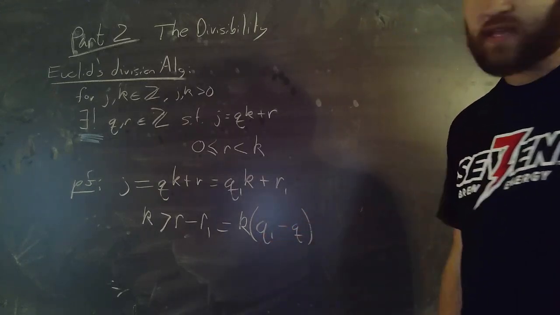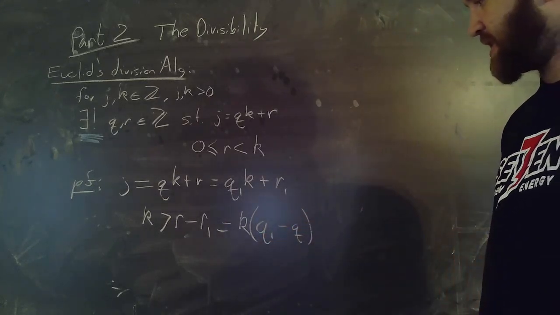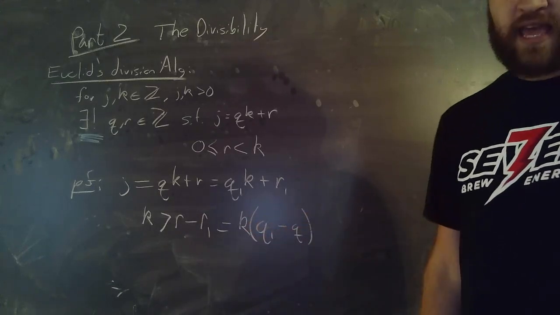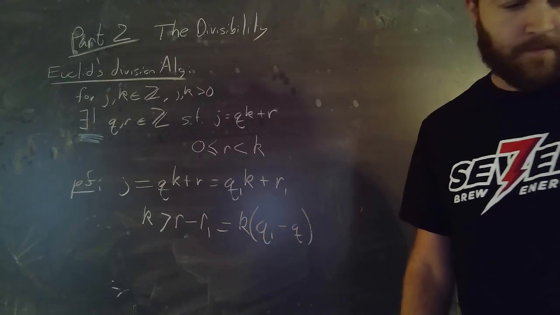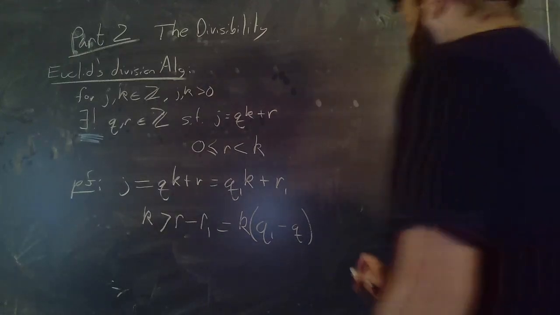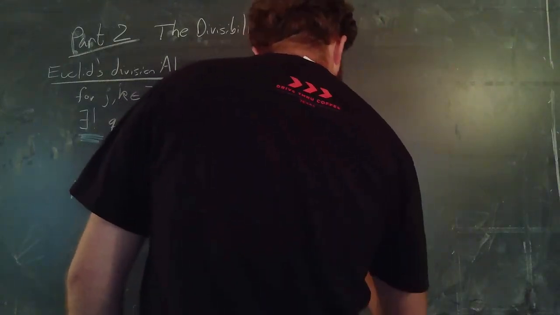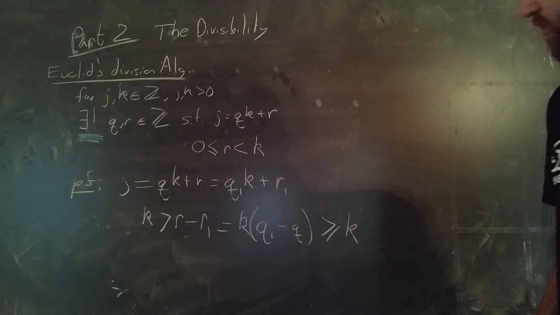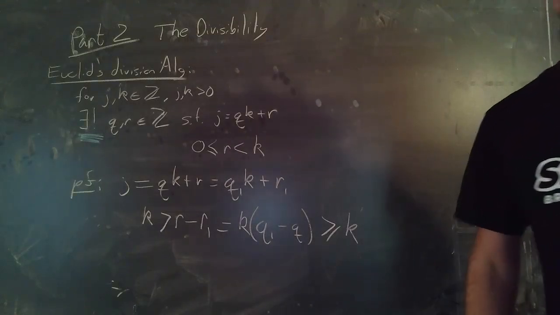And if we consider the absolute value of this, then any multiple of k must either be k or it must be bigger than k. So it would seem that this part right here is saying that it is either greater than k or equal to k.